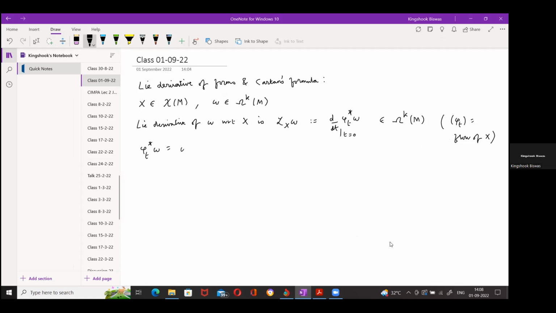So if this happens, then of course the Lie derivative is 0. But the converse is also true. If the Lie derivative is 0, then the flow will preserve the form.